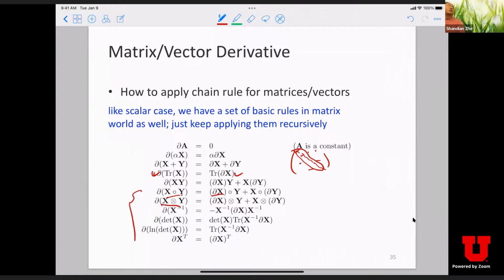And this one is called a Kronecker product. How many of you have heard of the Kronecker product? Okay, great. So basically, the definition is like this.